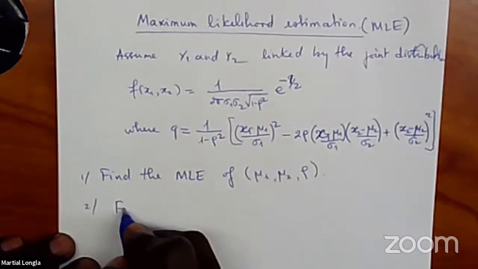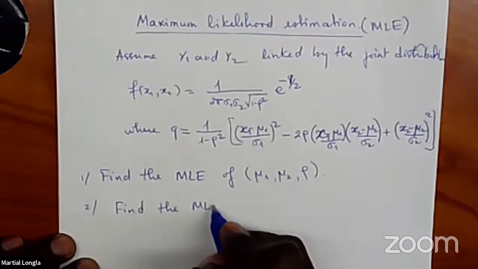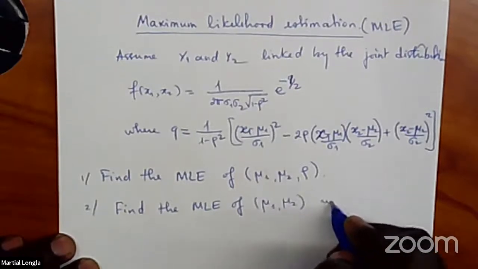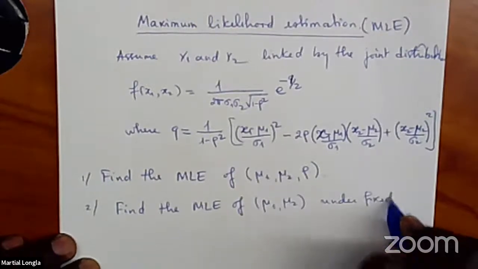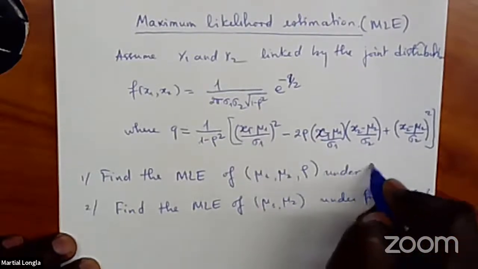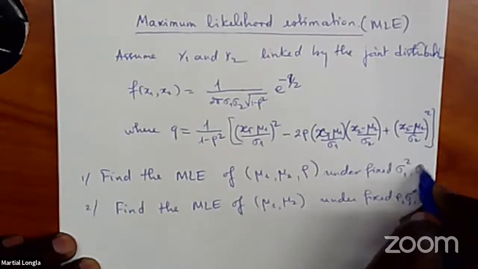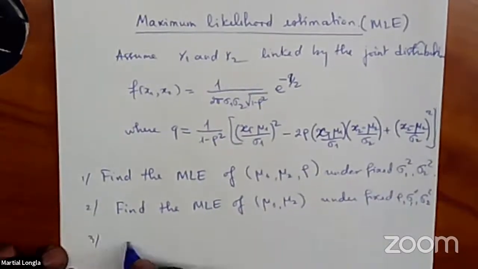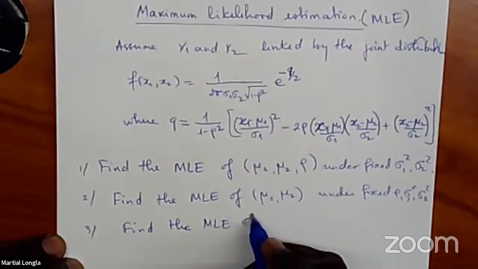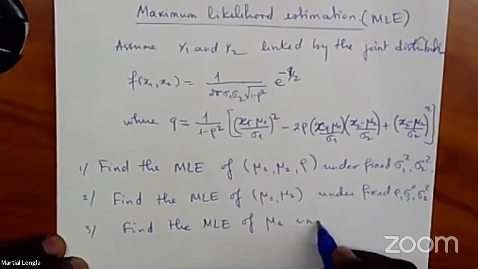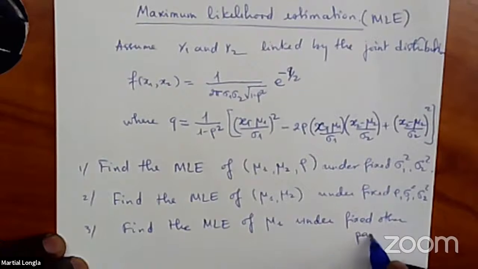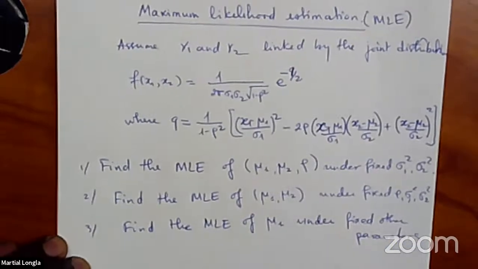One, MLE of mu1, mu2 under sigma 1 squared, sigma 2 squared, and then rho, and the MLE of mu1 on the fixed parameters. If you have to do that.